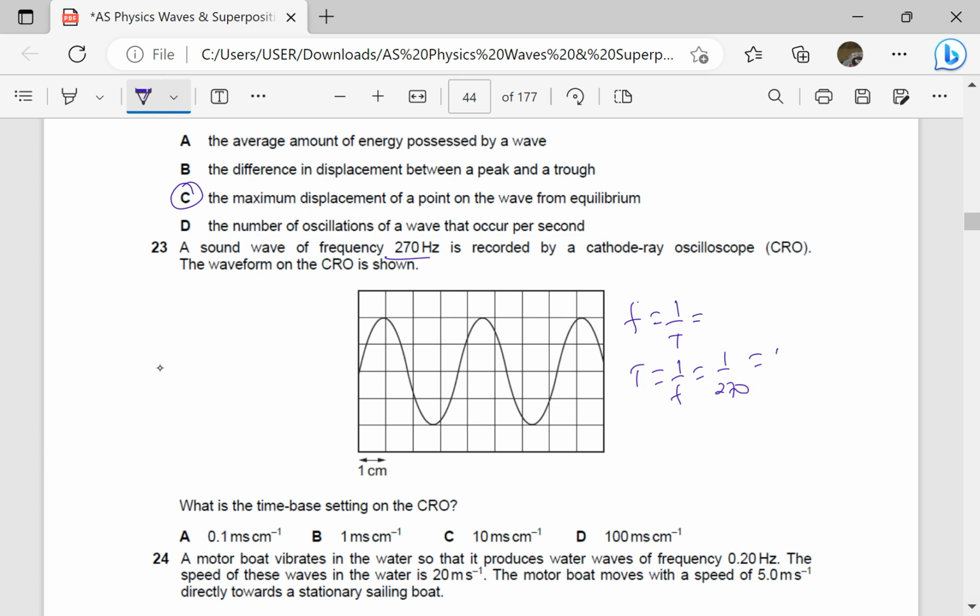But the period is equal to the length of one cycle times the time-base setting. So we shall say 1 over 270 is equal to the length representing one cycle times the time-base setting. Let me see how many cycles there are here.